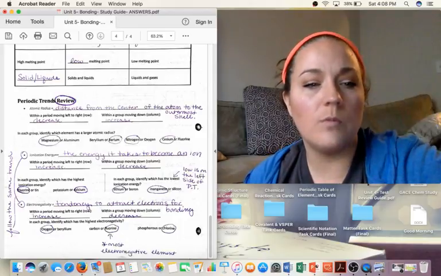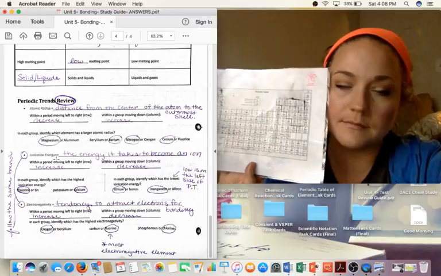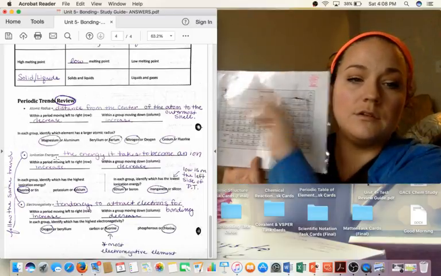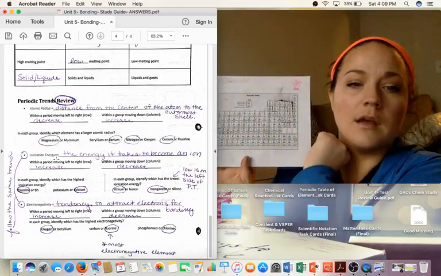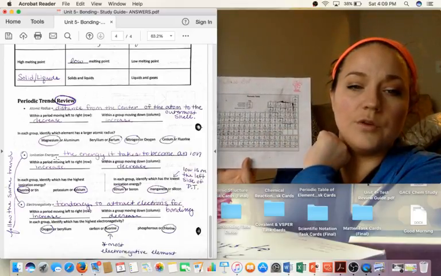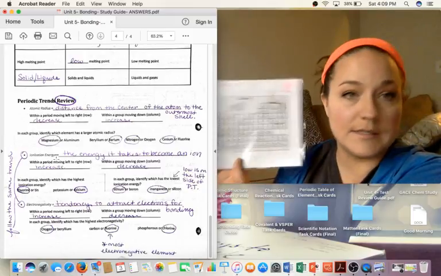So within the period, moving from left to right in the rows, it increases. And within the group, so up and down the columns, it decreases.